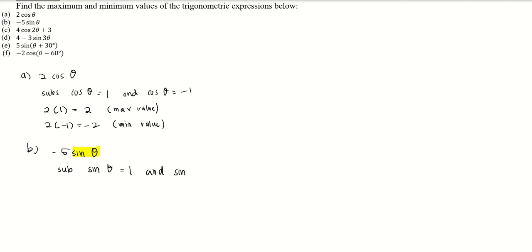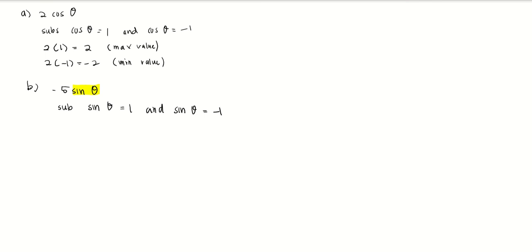So sine theta equals to 1 and sine theta equals to negative 1. So we're going to get negative 5 times 1, which is negative 5, and negative 5 times negative 1, which is 5. So 5 is the greatest value, so this is maximum, and this is minimum value.